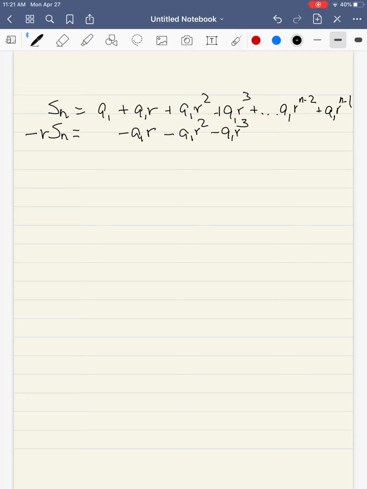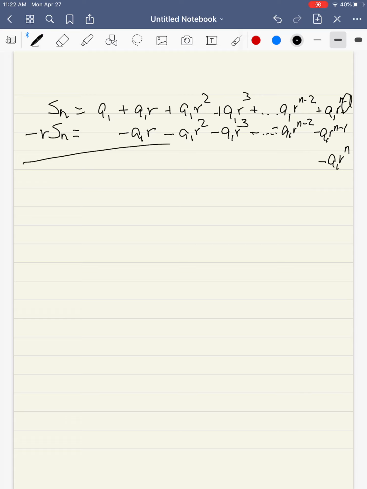And then there's a whole bunch of other terms in between. And then we would have minus a1 r to the n minus 2, but the last term is actually going to be minus a1 times r to the n, because when we multiply r to the n minus 1 by r, the negative 1 goes away.